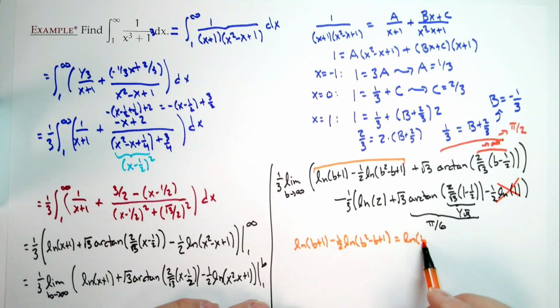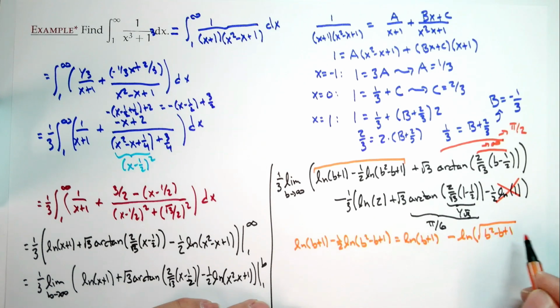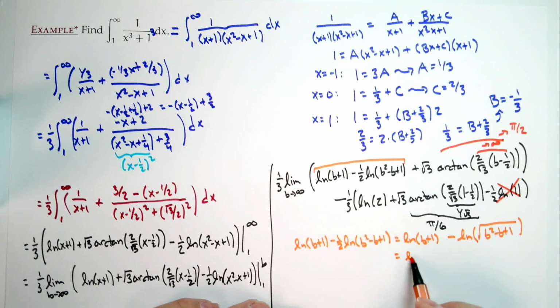Think of it as log of b plus 1 minus, now I'm going to put this 1/2 power in, makes it a square root. So log of the square root of b squared minus b plus 1. So this is log of b plus 1 over the square root of b squared minus b plus 1.